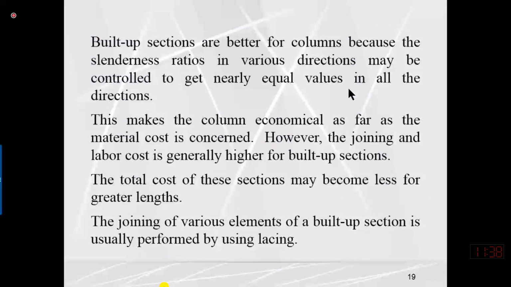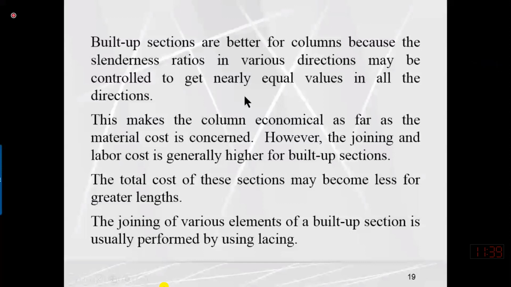This means the column has the same buckling strength about both axes. If the moment of inertia or slenderness ratio is larger about one axis, it will buckle about the other axis, and we may have reserve capacity about the first axis. Due to this reason, we go for the built-up section.